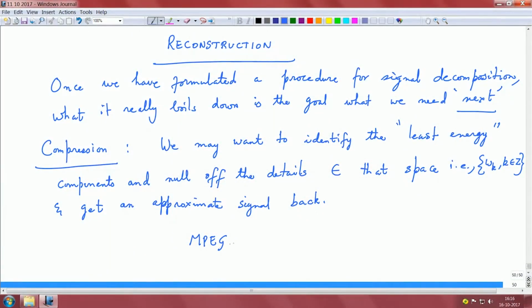You get an approximate signal, not what was original, but that way you will be able to represent the signal post nulling with fewer number of bits. Okay, this is one idea, and this is done routinely in MPEG 4 plus standards. I mean these days they are really very much evolved, but MPEG 4 I think had wavelet transformations.